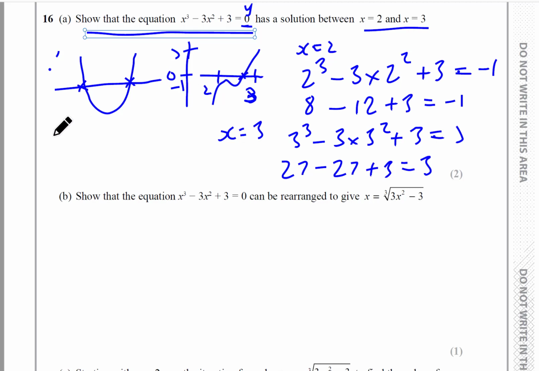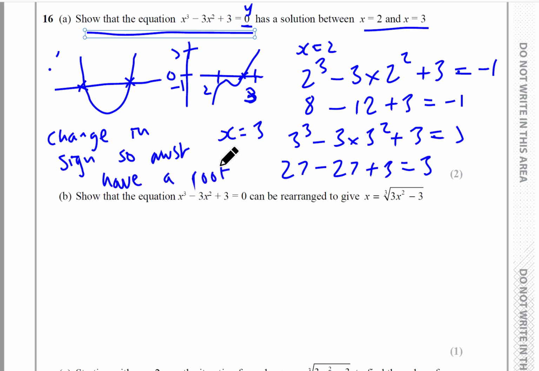So there's a change in sign for the value of y. So it must have a root or solution at that point. So that is an easy 2 marks if you know what to do, right?